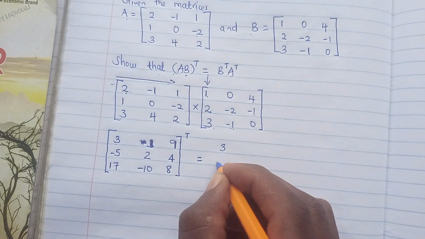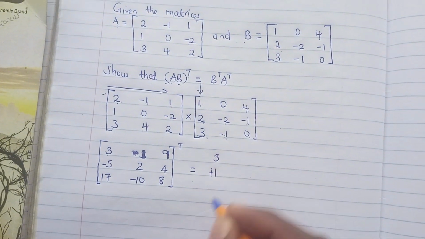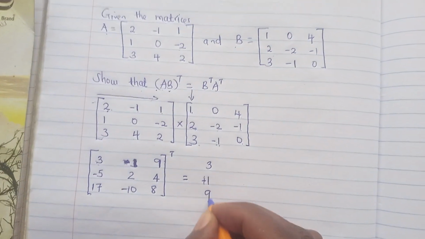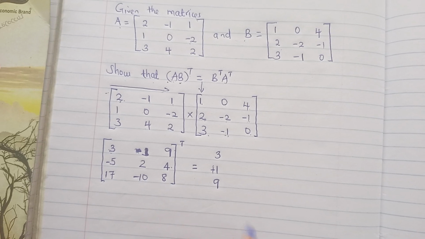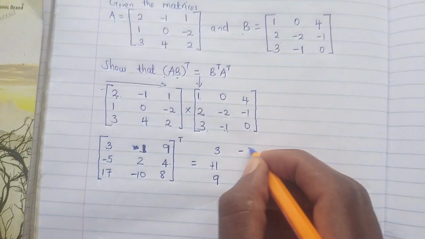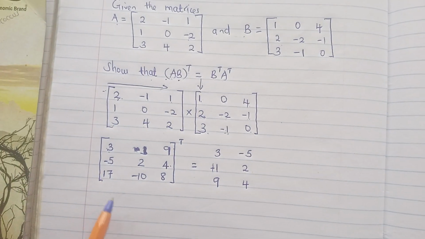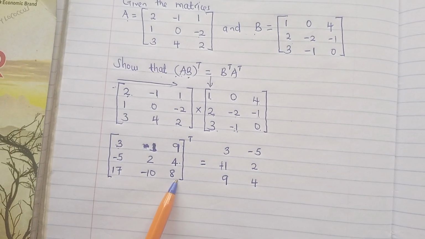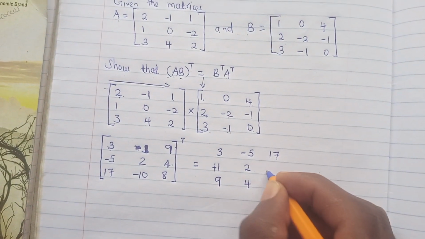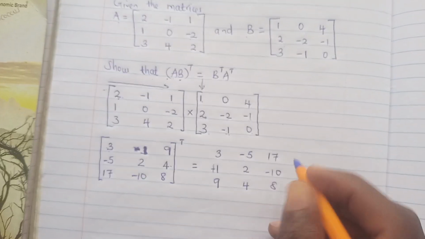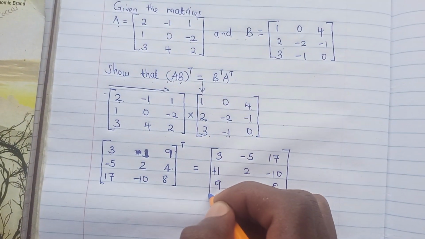So it is 3, positive 1, and then 9. The second row becomes the second column. So we'll have negative 5, 2, 4, and then the last row becomes the last column. So we're going to have 17, negative 10 and 8. So now this is its transposition.